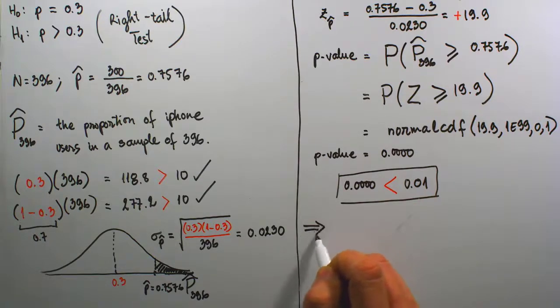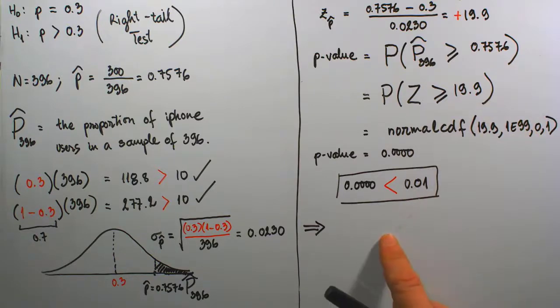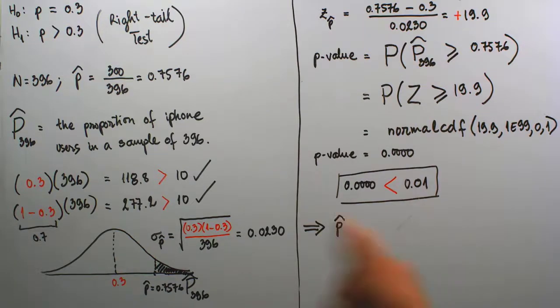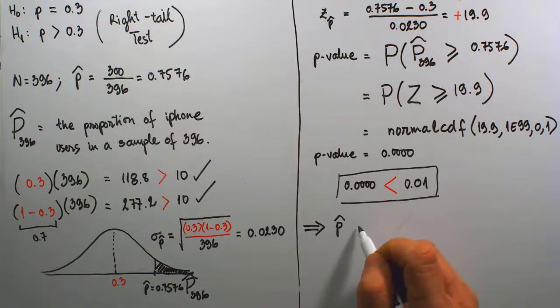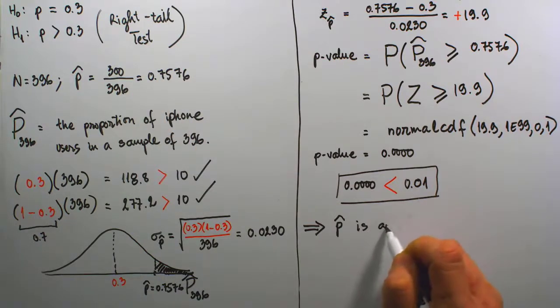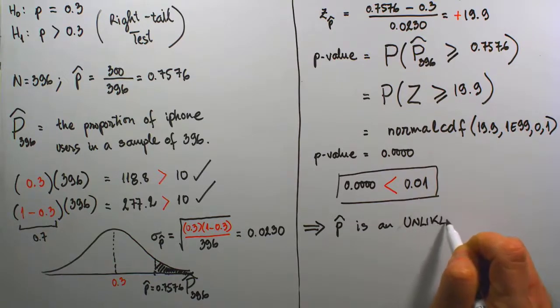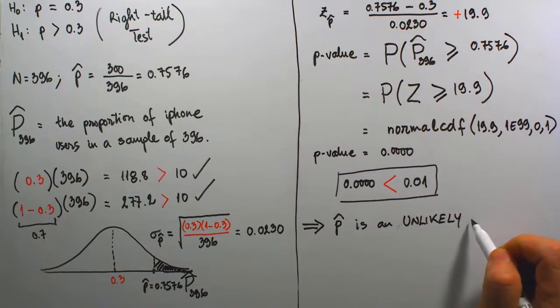I use an arrow over here to indicate that our calculation leads to the conclusion as follows. The sample proportion that we're using here, that value 0.7576, is an unlikely sample.